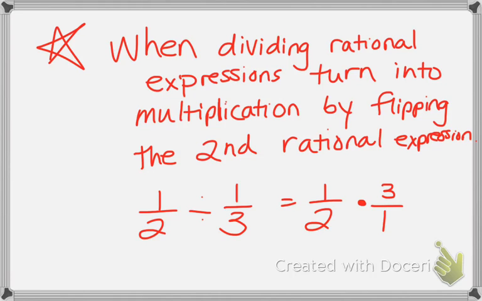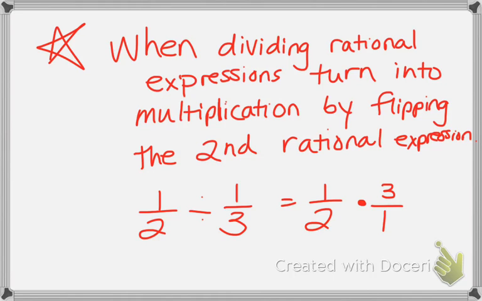So the only thing that's going to change is if you see a division sign instead of a little dot between your rational expressions. Before you do anything, turn your division into a multiplication and take the reciprocal, or flip the second rational expression. And then just proceed as we have been doing. Okay, so let's try one of those.